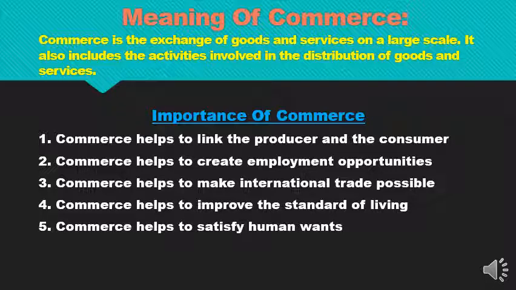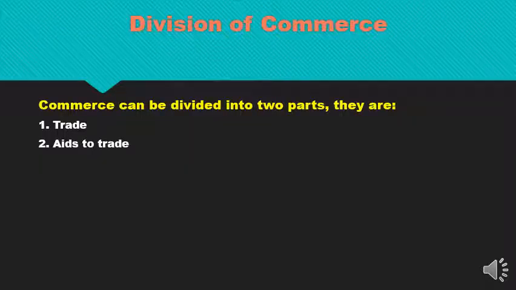All these are some of the importance that commerce plays in our lives as an individual or in our country as a whole. That now takes us to the division of commerce. Commerce can be divided into two parts, and they are one, trade, and the second one is aids to trade.